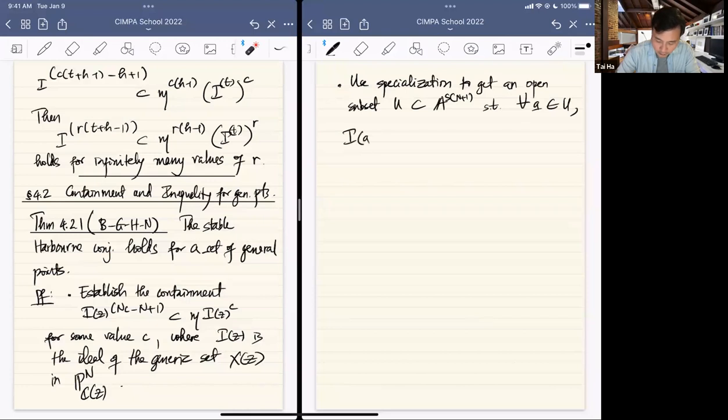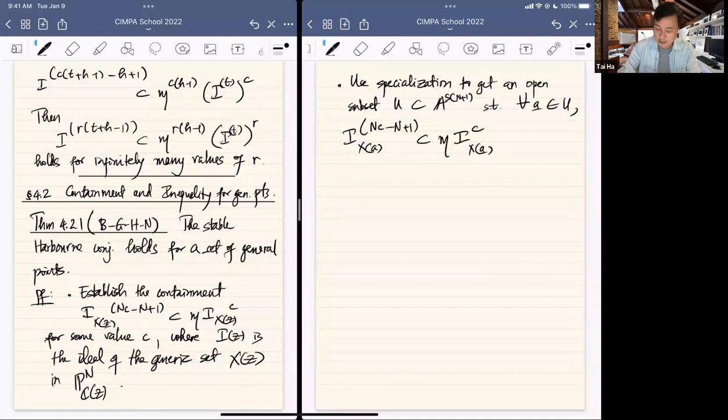Maybe I should have written more carefully, this is I of X_Z, not I of Z. So I of X_Z, the defining ideal of X_Z. So here should be the defining ideal of X_A to the power nc minus n plus 1, containing m to the power I of X_A to the power c.